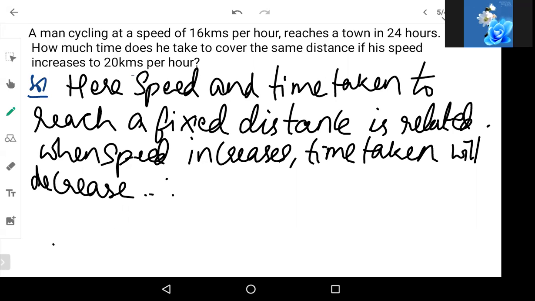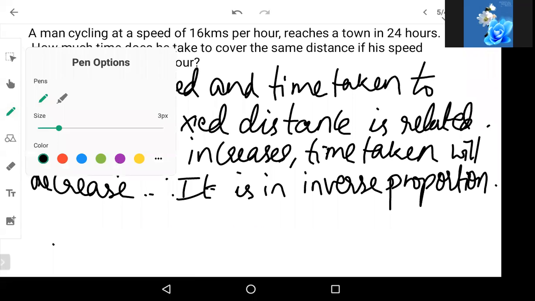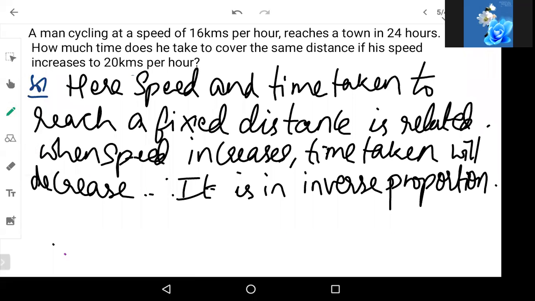Therefore, it is in inverse proportion. So whatever is given in the problem, the same thing we are defining here, saying it is an inverse proportion. Okay. Now after this, what are we supposed to find?